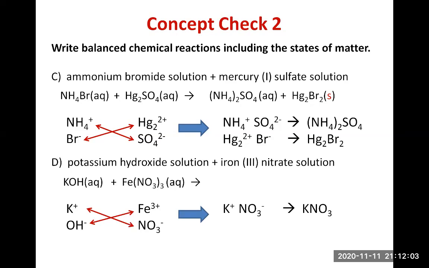And then Fe3 plus and OH minus. If you write them in the correct order, cation first, anion second, you can see that if you do the crisscross trick, we will need 3 hydroxide ions per iron 3 ion. So it's going to be Fe(OH)3. So this cancels the charges.